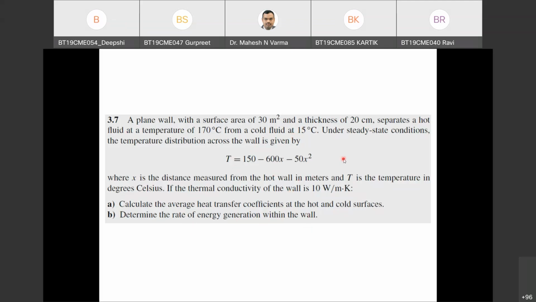Here that d2T by dx square will come, because this is the plane wall. Plane wall, and this surface area is not a function of thickness. Surface area is 30 meters square, constant, but it was not the case in spherical coordinate system and cylindrical coordinate system. There you can have this k d2T by dr square, but a k by A will be there.